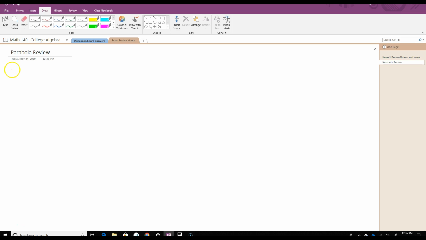Okay, so a parabola is of the form either 4p times (y minus k) equals (x minus h) squared, or it's going to be 4p times (x minus h) equals (y minus k) squared.